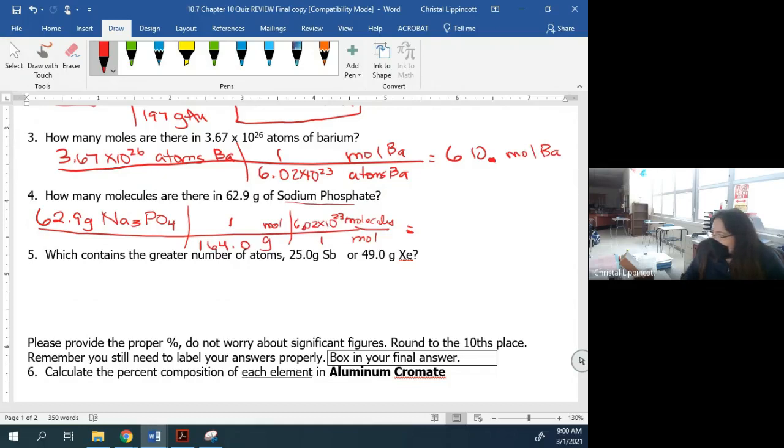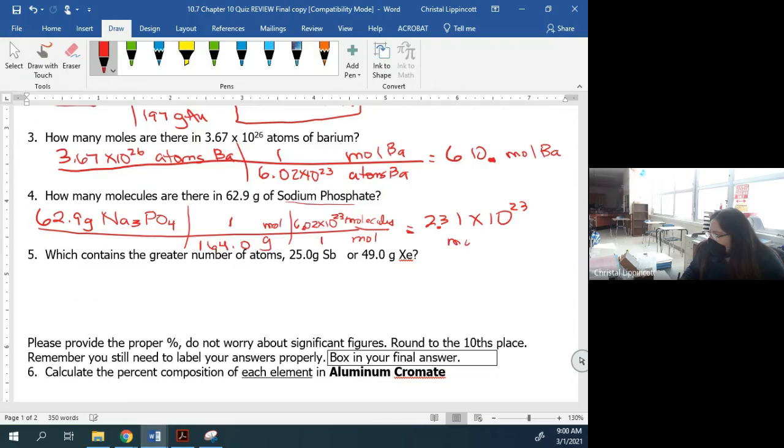All right, so I'm going to multiply these 2 values together, then I'm going to divide by this one. And when I do that, I get 2.31 times 10 to the 23rd. You need to make sure that you are putting on your units with these.